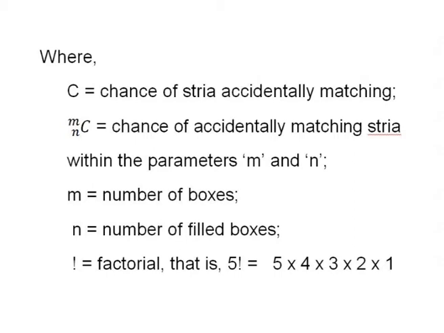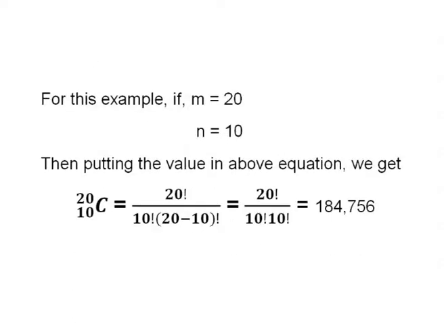M is the number of boxes, n is the number of filled boxes. Factorial, that is 5 factorial, is equal to 5 × 4 × 3 × 2 × 1. Now, for this example, m is equal to 20, and n is 10.